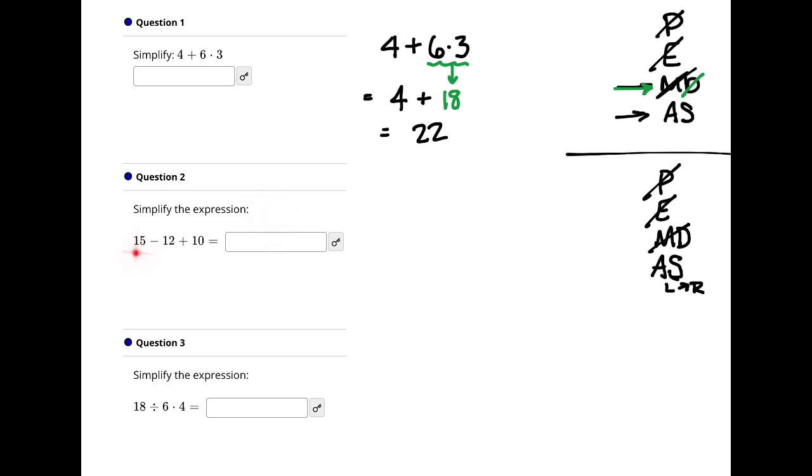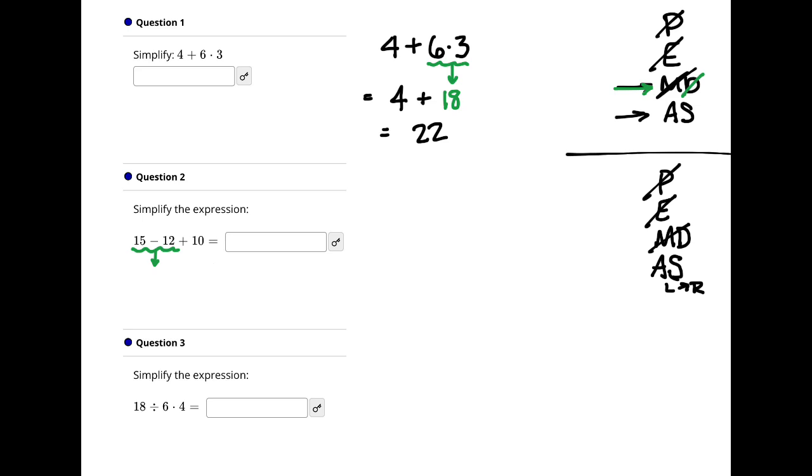So we would start at the 15 and you would say 15 subtract 12 add 10. So you do them in the same order that you read when they're on the same rank. Okay, so that means we're going to do 15 minus 12 first because it comes first in our math sentence, if you will.